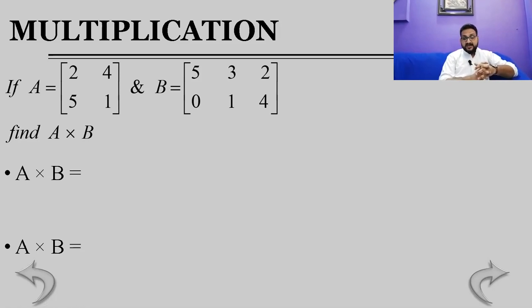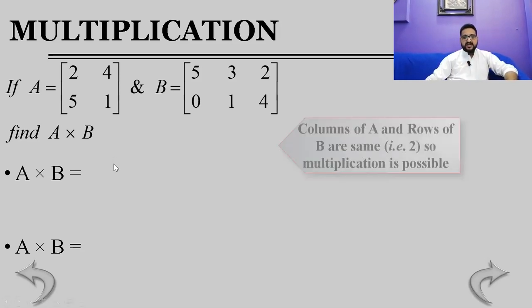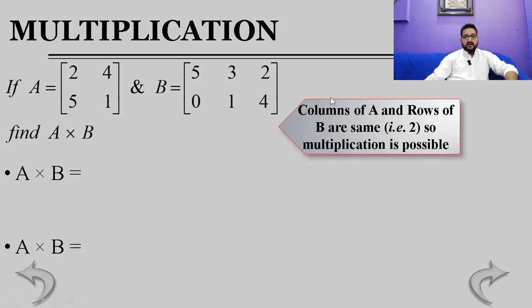You can use your chat box for answering. Okay, क्लियर है यहाँ तक? नाउ अब हमने ये देखना है कि क्या ये दोनों जो हैं वो आपस में मल्टीप्लाई हो सकते हैं कि नहीं हो सकते. तो दैट्स व्हाई वी हैव टू से दैट द कॉलम ऑफ A, how many columns of A?